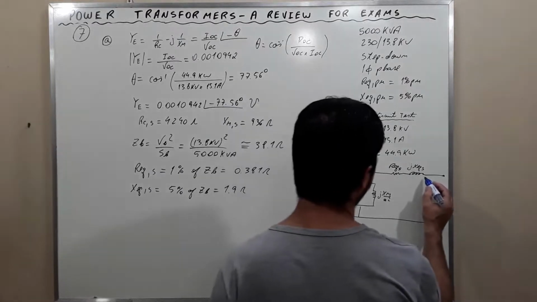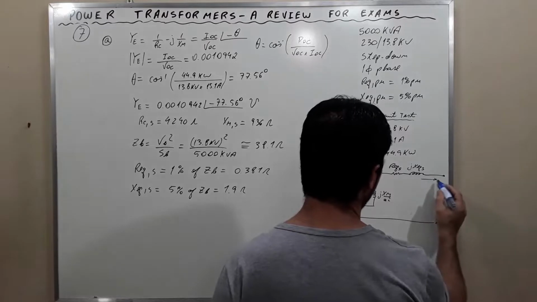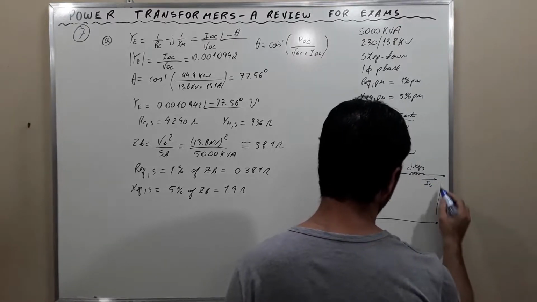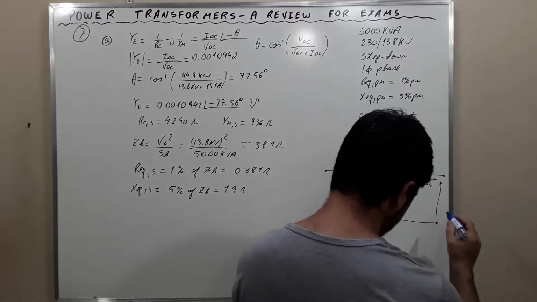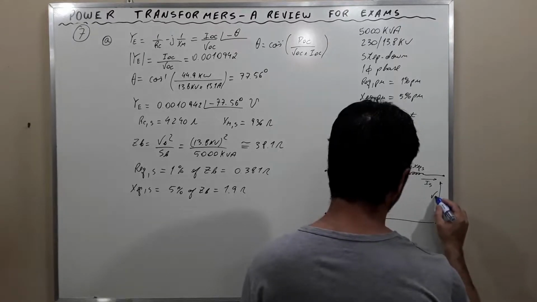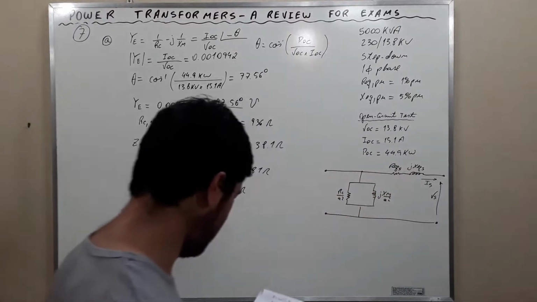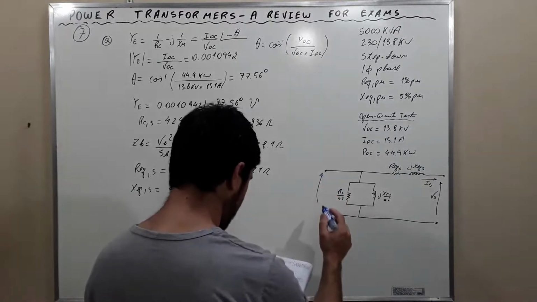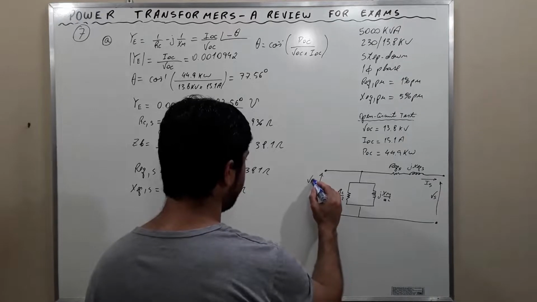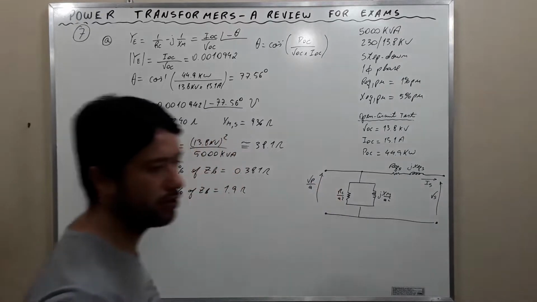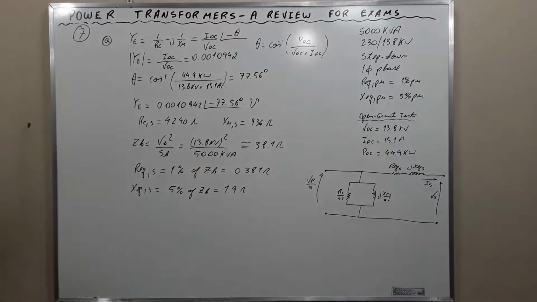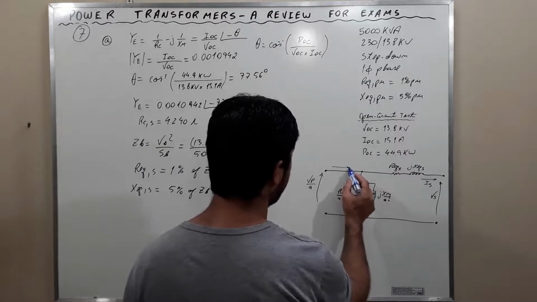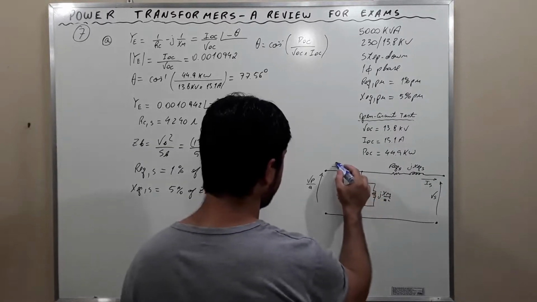We have output current here, IS, we have output voltage here, VS, and here we have input voltage referred to the secondary side, okay? We use the turns ratio to refer from one side to the other, and here the input current referred to the secondary side.